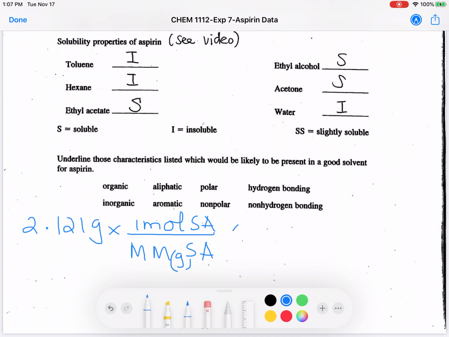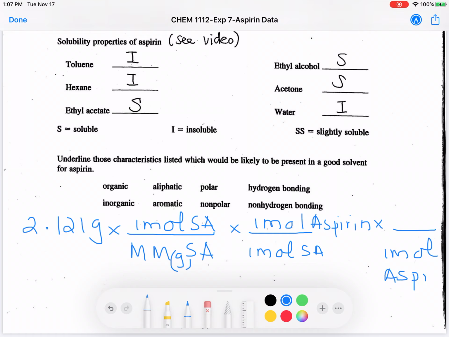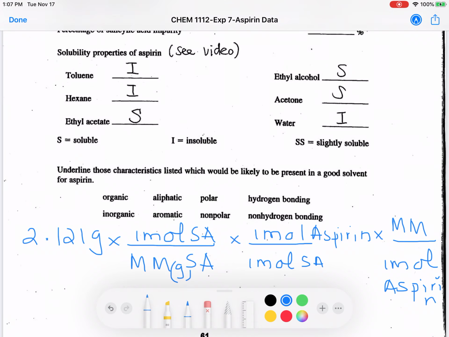And then the ratio is 1 mole of salicylic acid gives you 1 mole of aspirin. That's the molar ratio. Then, in order to calculate the theoretical yield in grams, 1 mole of aspirin is the molar mass of aspirin, which again you have to calculate.